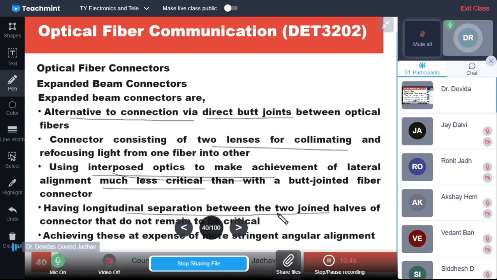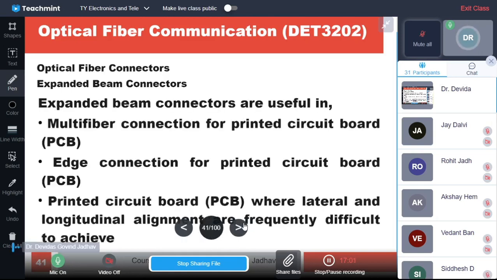Lateral and longitudinal loss is reduced almost to nullified, but it is achieved at the expense of stringent angular alignment. Angular alignment is very, very stringent, so it must be maintained.